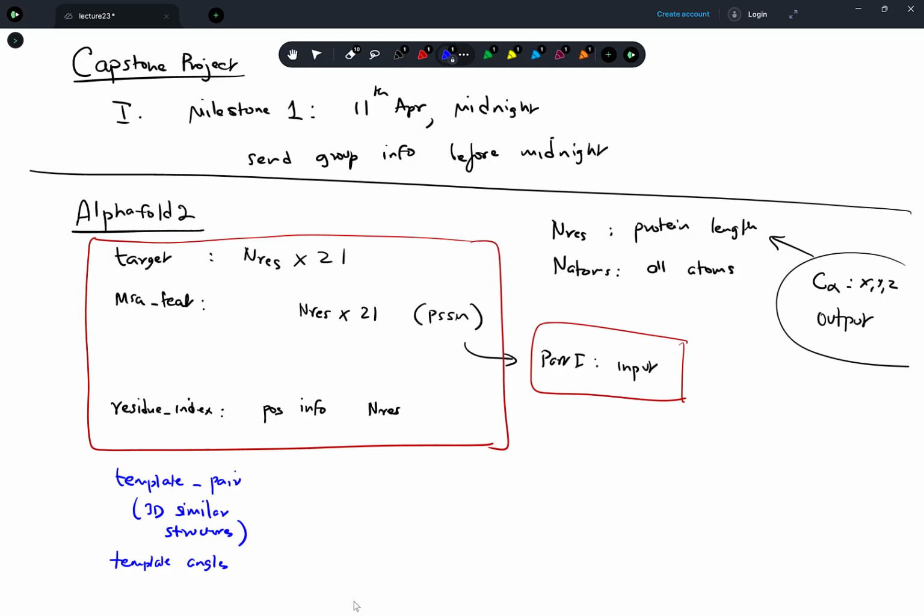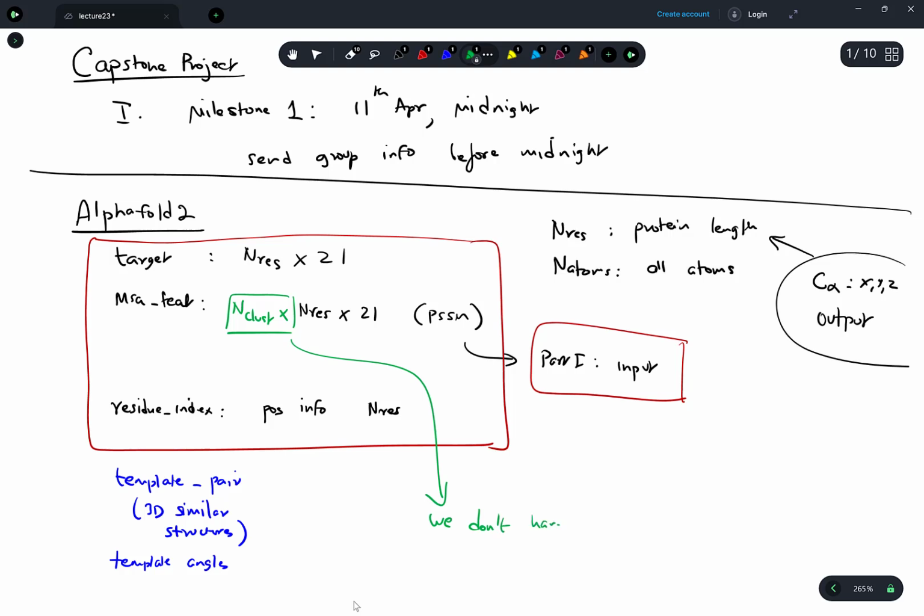So the only thing we're actually missing is this part here, right? The extra part here is n-clust. This is what we don't have. That's the problem: the sidechain net gives me only one PSSM, which is length by 21.